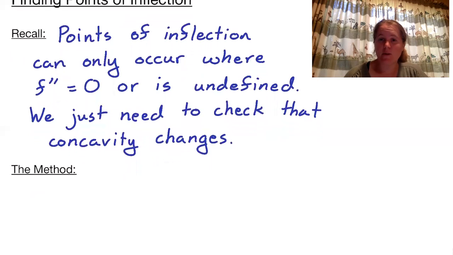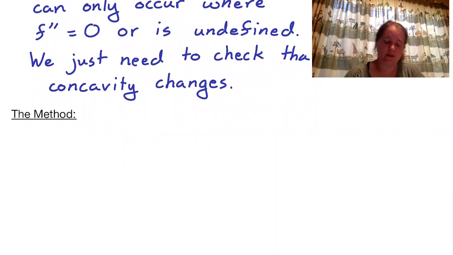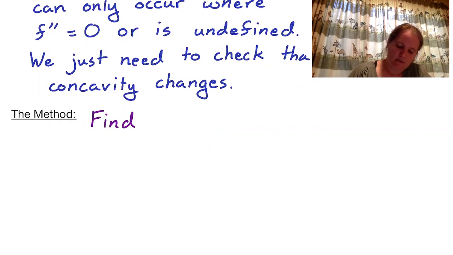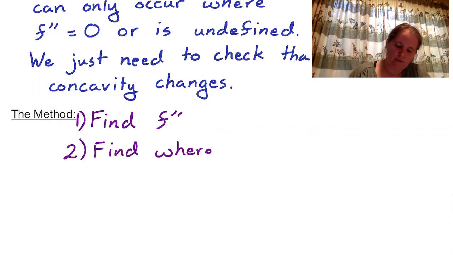So the method will be more or less what we've done before. So we're going to find the second derivative. Then we need to find where the second derivative is equal to 0 or is undefined. Then we need to break into subintervals.